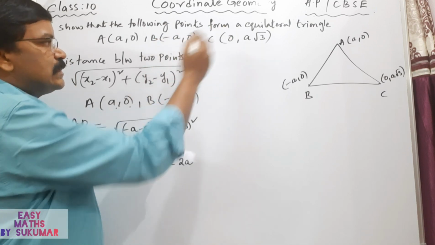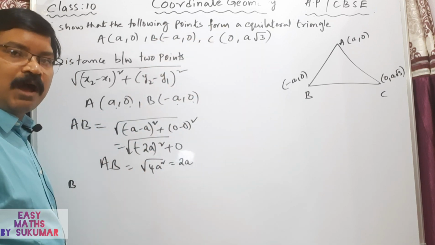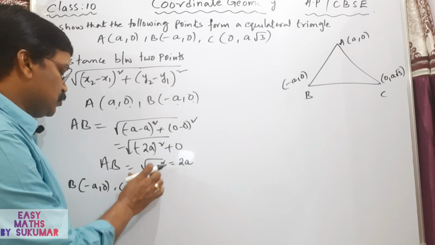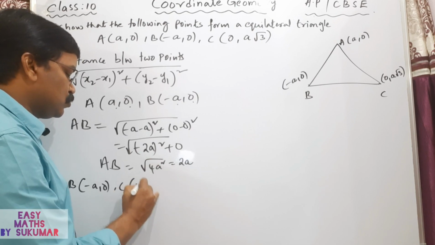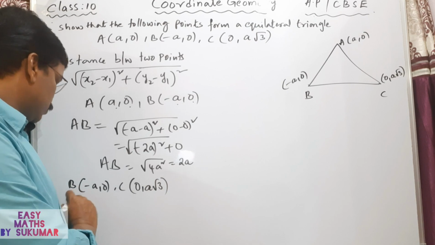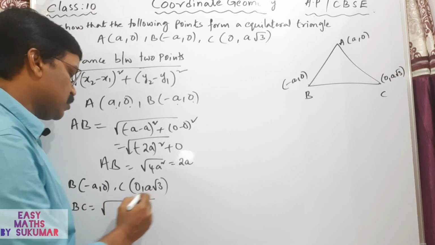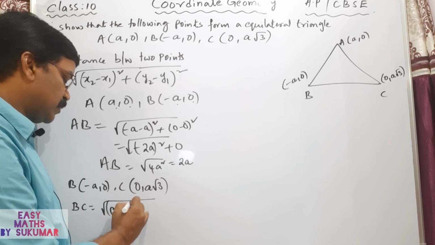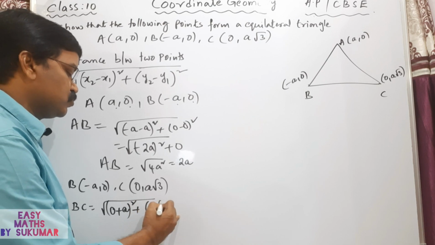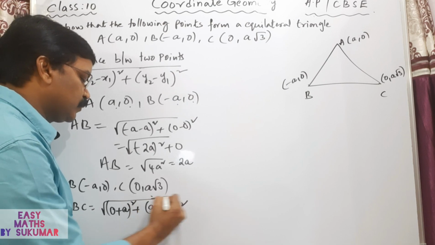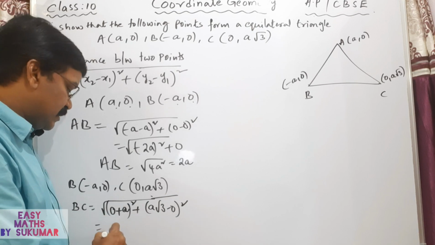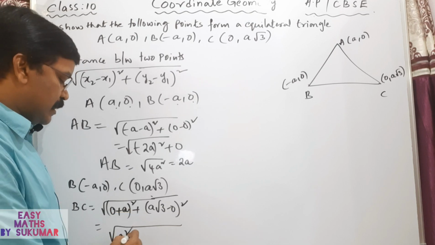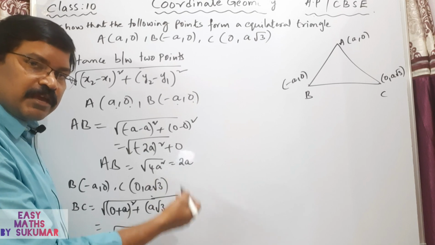What about BC? The coordinates of B are (minus a, 0) and C are (0, a root 3). So BC is equal to the square root of (0 minus of minus a), that means (0 plus a) whole square, plus (a root 3 minus 0) whole square. So 0 plus a is a, so that is a square, plus a root 3 minus 0 is a root 3 only.